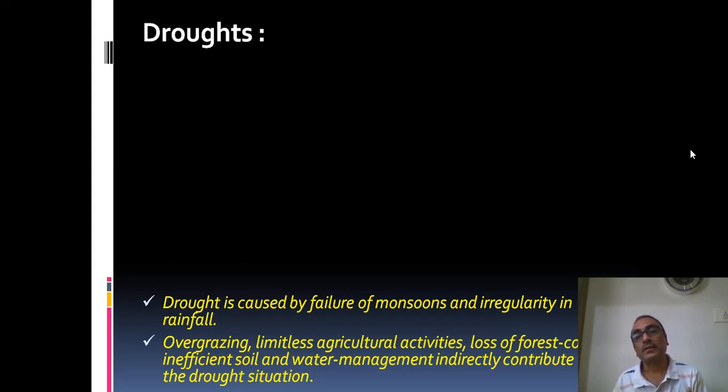Then limitless agricultural activities, loss of forest cover by deforestation, and inefficient soil and water management. These are the indirect factors which can contribute to the drought situation.